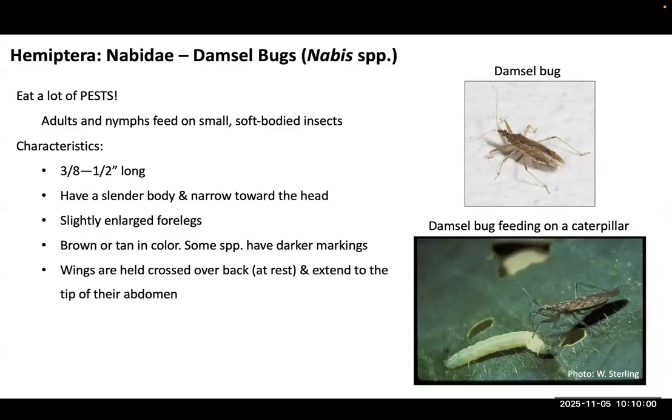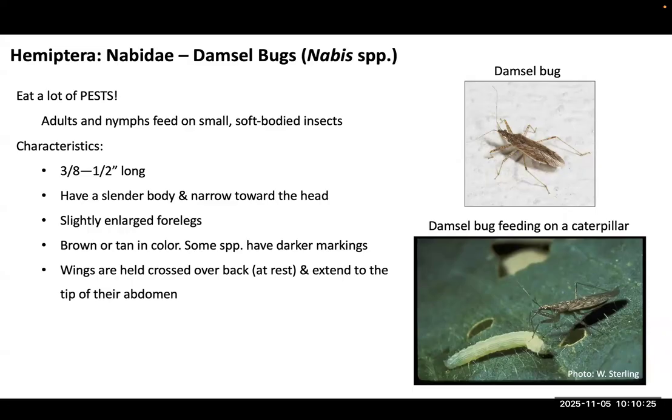So I'm going to talk about some of these beneficial insects that feed on a variety of pests before we get into the pests. So one that I see quite often are damsel bugs. These guys are really small, so they're feeding on smaller pests like aphids or thrips or early instars of cutworms. These guys are piercing, sucking insects, but they're predators, right? They're feeding on pests.